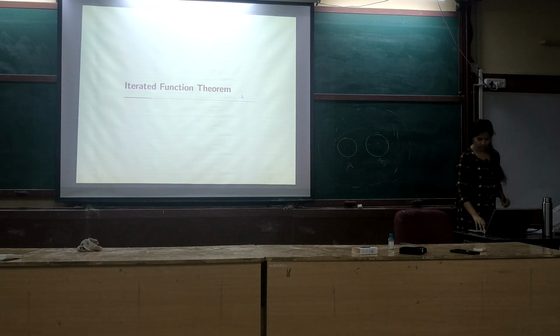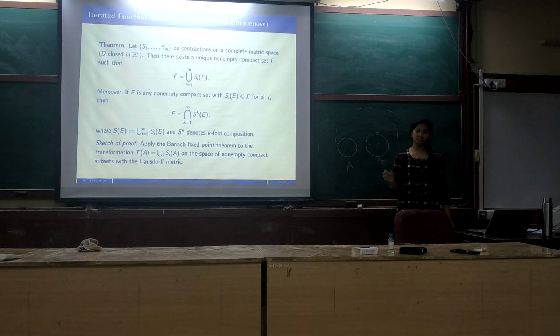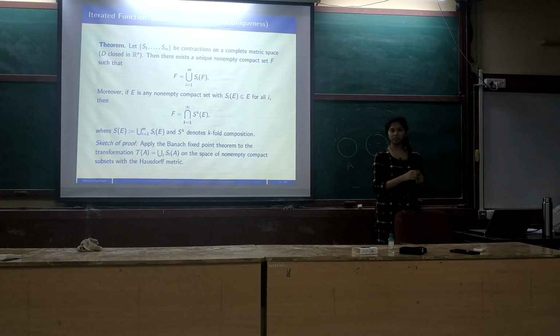Okay. So this is the iterated function theorem, and you have a set of functions, an IFS. What this says is that there will always exist a unique attractor for any IFS, just like in the Banach fixed point theorem, where the invariant point was unique.